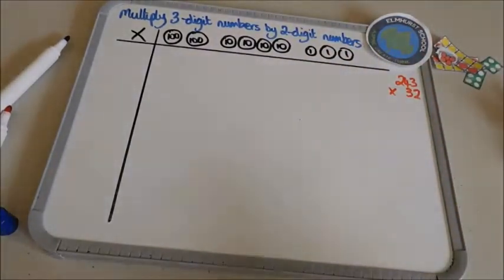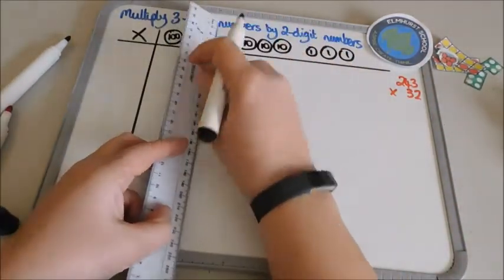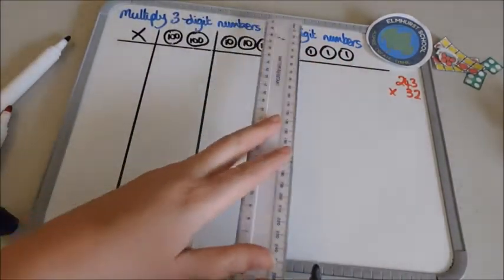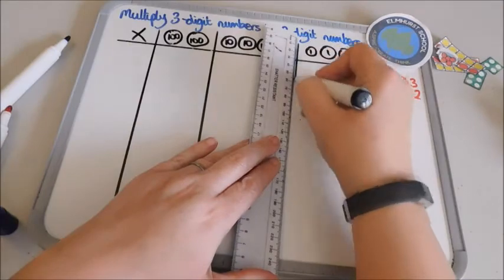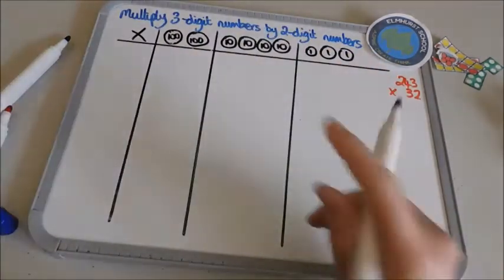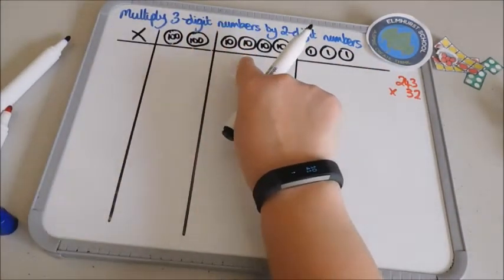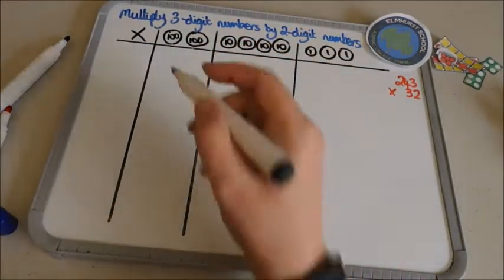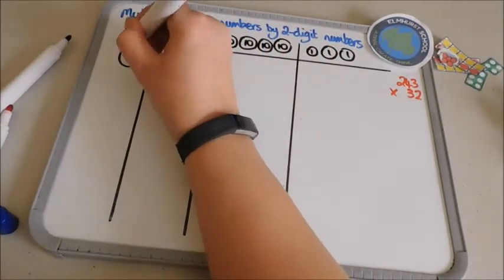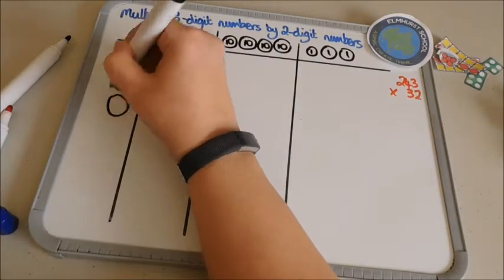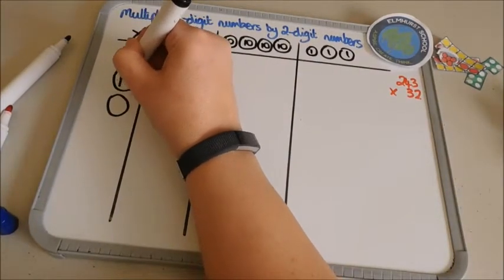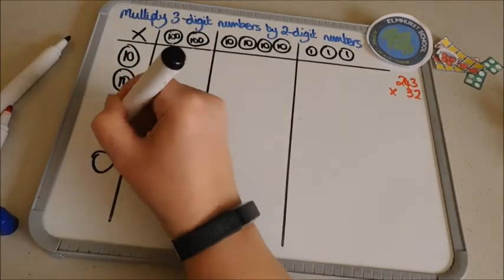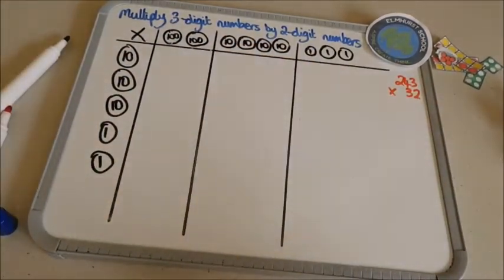I'm going to separate them out just as if it was a place value grid. So 243, and then down here I'm going to have my 32. So there's my 30, so it's 3 tens, and then my two ones.